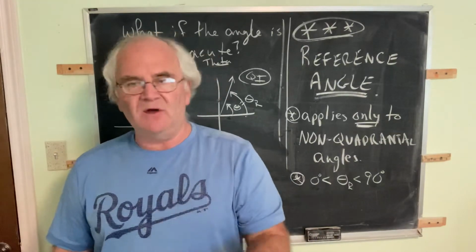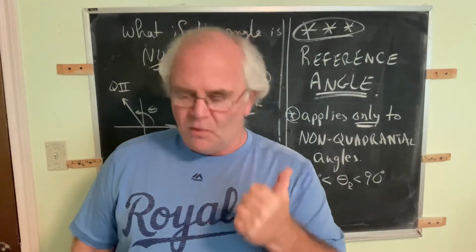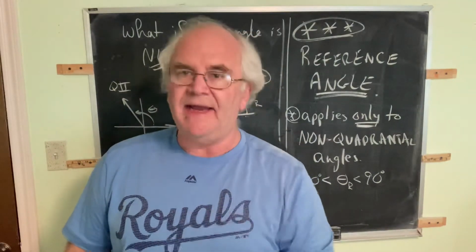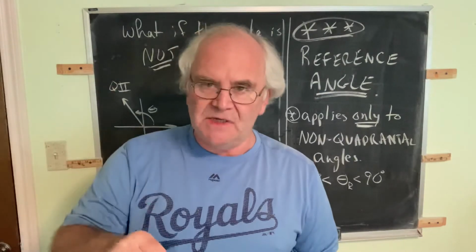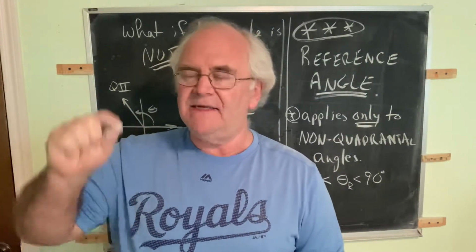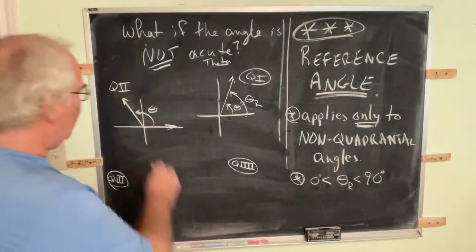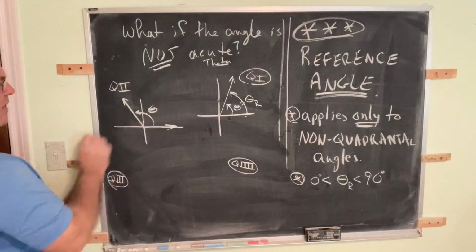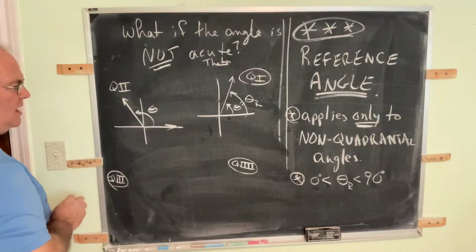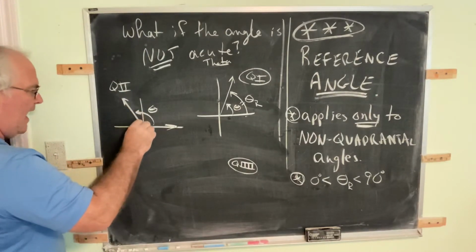The reference angle does not lie against the y-axis. The reference angle lies against the x-axis, and it must be acute. With this angle, I want the acute angle that is formed by the terminal side of theta and the x-axis.